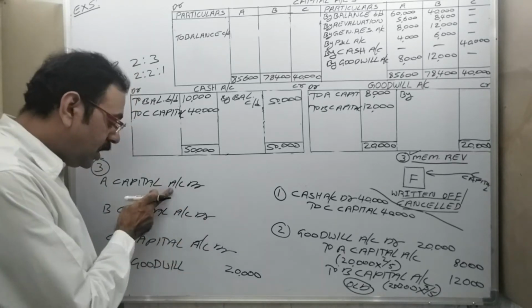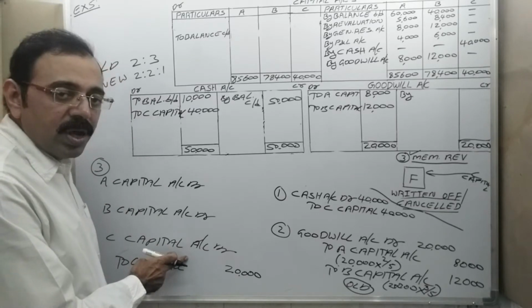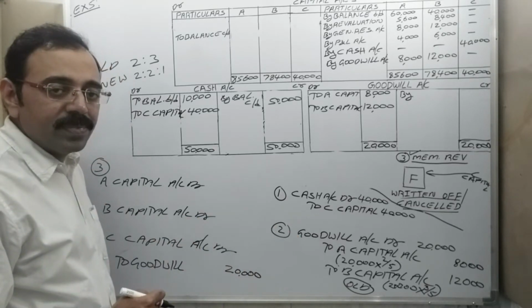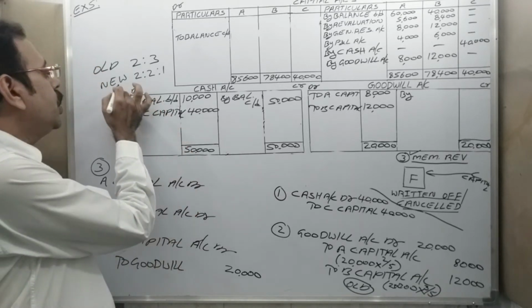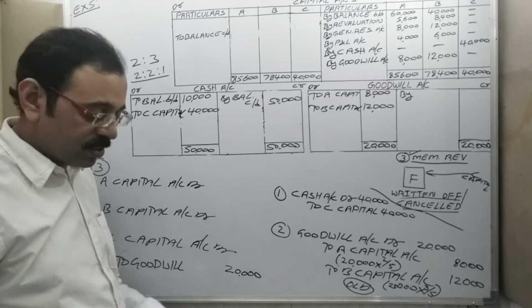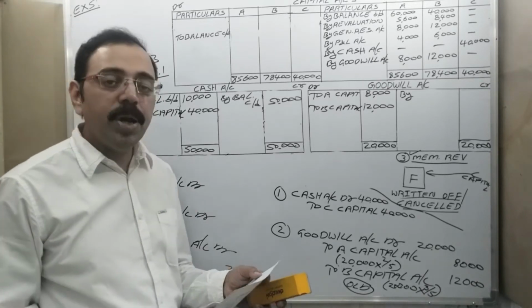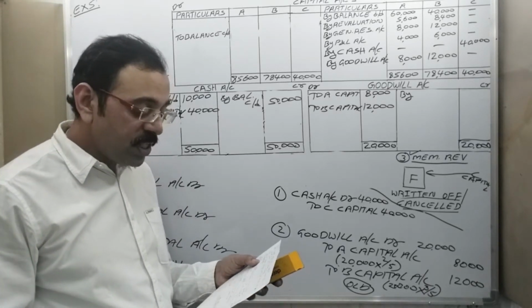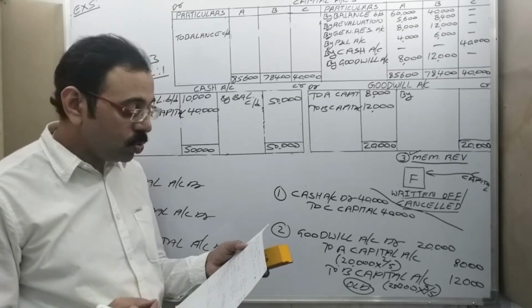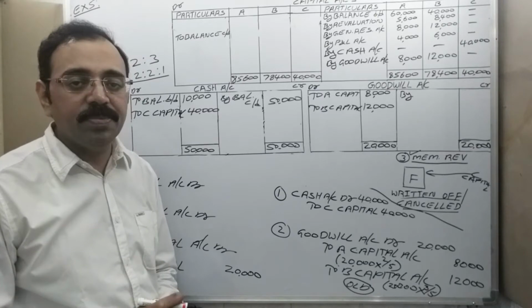Now since we wrote three accounts, we cannot apply the old ratio here. Now we need the new profit and loss ratio. It is given in the question. See, adjustment number B: the new profit sharing ratio of A, B, C is 2:2:1 respectively.